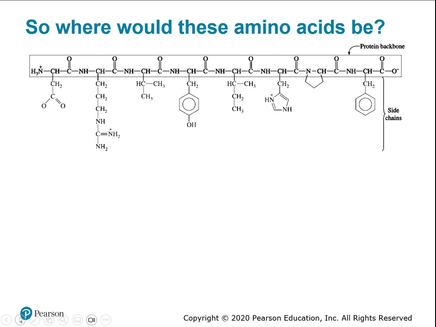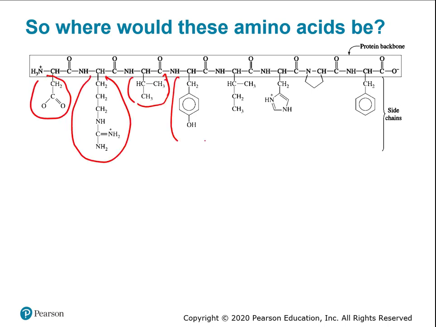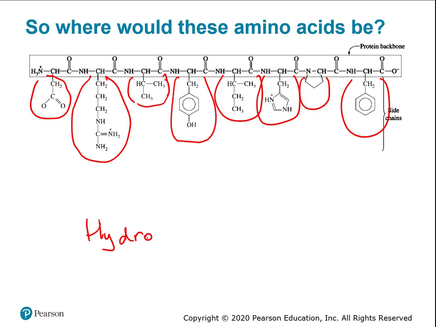So which of these, and these are the R groups. So looking at the R groups, you tell me which R groups are hydrophilic. What about the first one? Yes or no? Yes, because it's got oxygen, right?